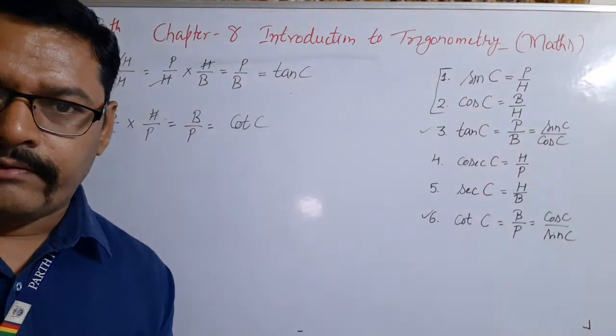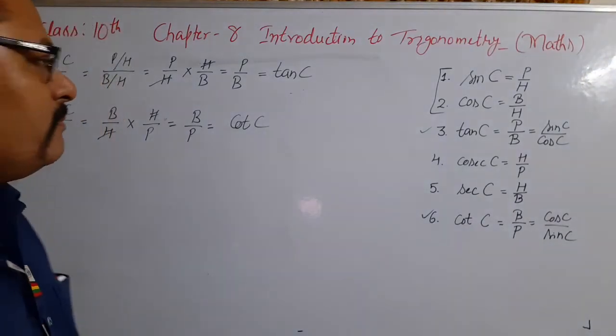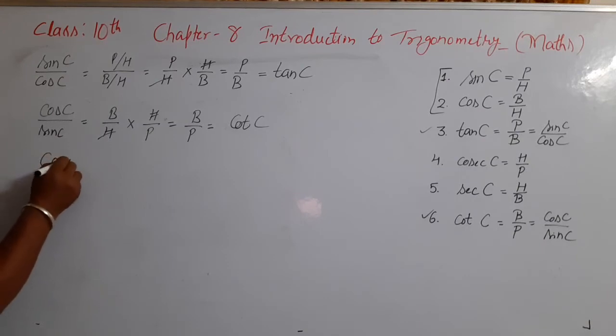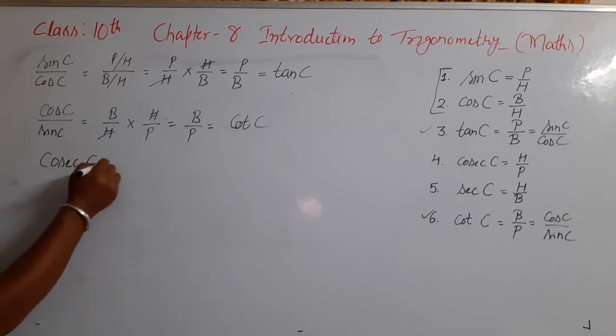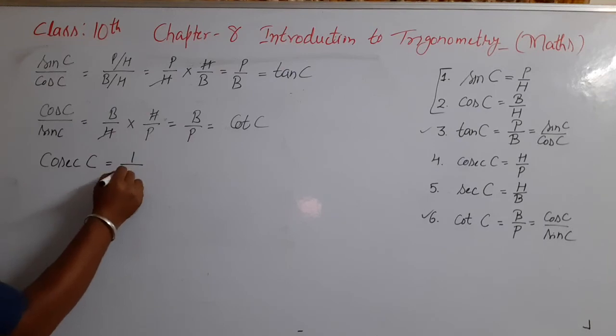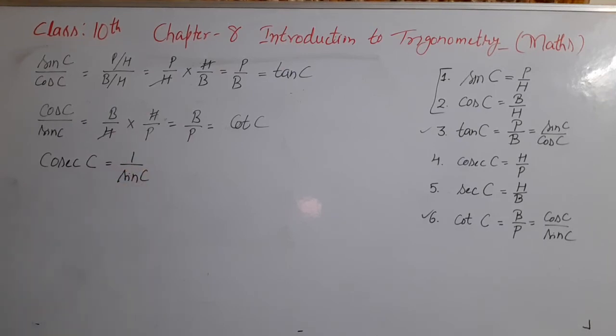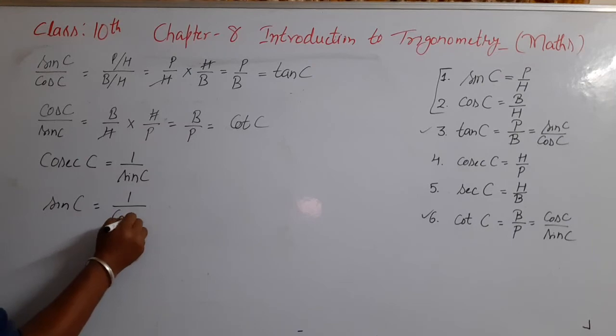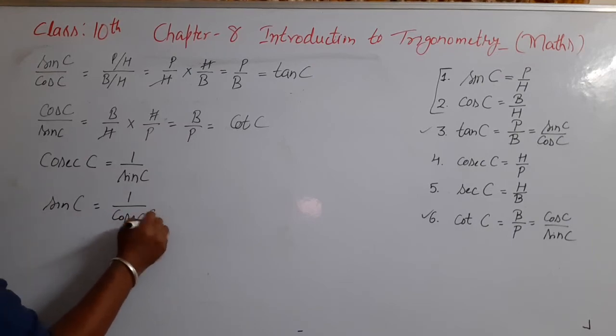Cosecant is reciprocal of sine. So we can say that cosecant C is equal to 1 upon sin C. And vice versa, sin C is equal to 1 upon cosecant C.